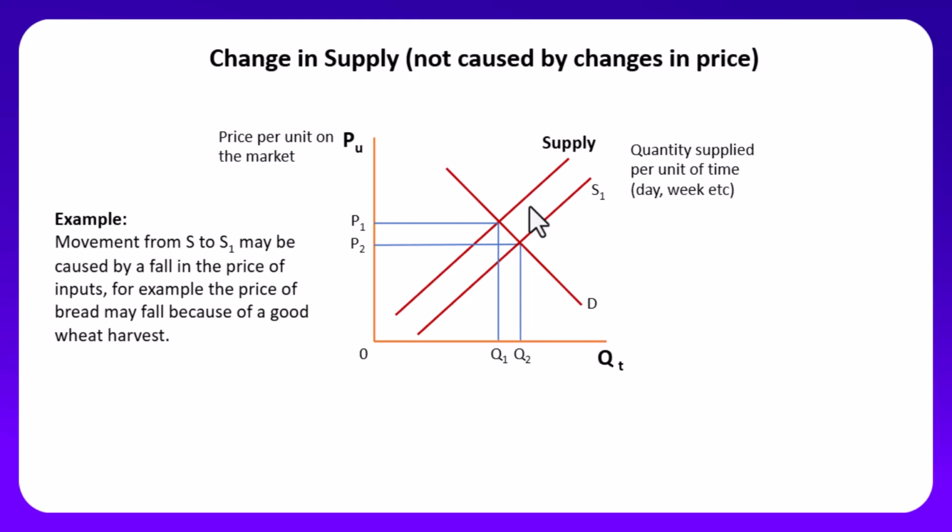The supply curve will expand, it will move outwards. And the example here, the price of bread may fall because of a good wheat harvest. Yes, one of the inputs for bread, wheat, becomes cheaper, and as it becomes cheaper, more bread can be produced.